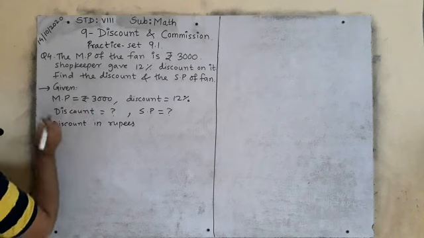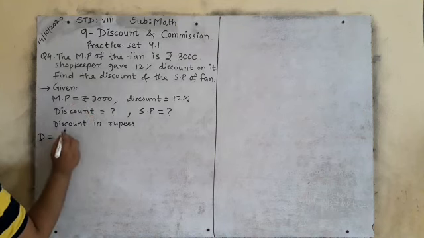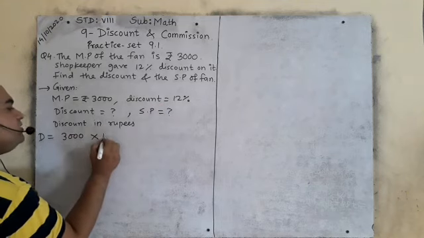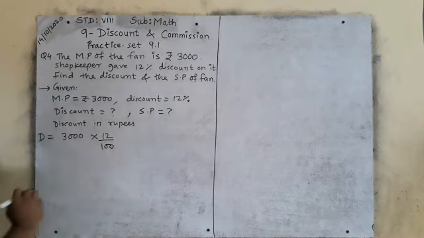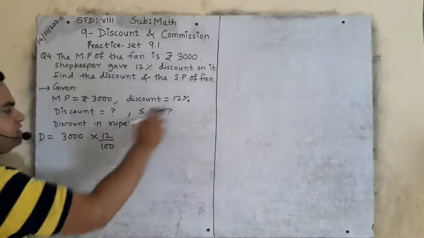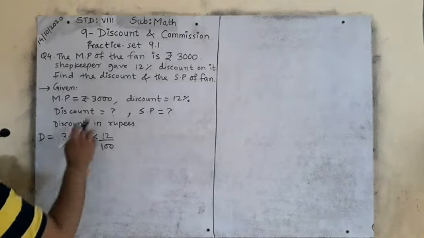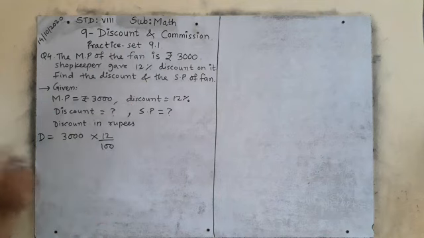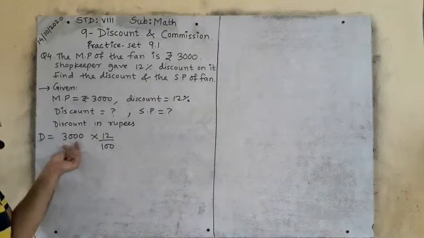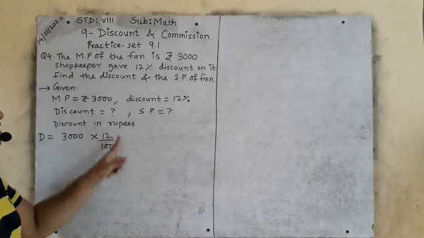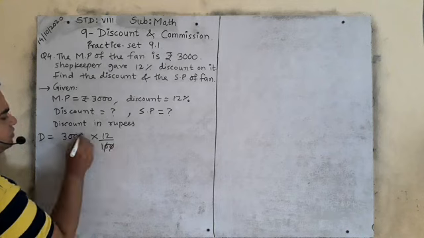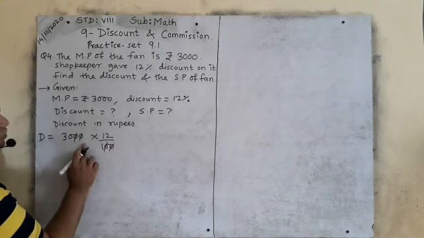So D for discount, and we write 3000 multiplied by 12%, which means 12 upon 100. So we find discount in rupees on mark price. Always remember, you take mark price multiplied by discount in percentage. Clear? Now you will cut these zeros.